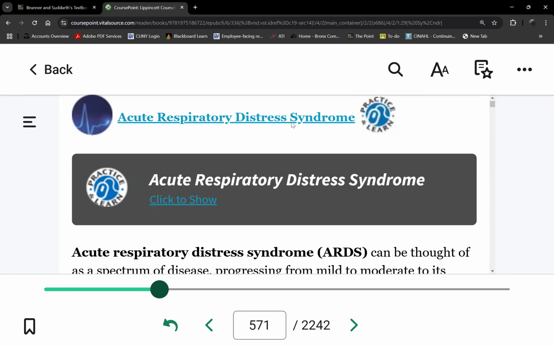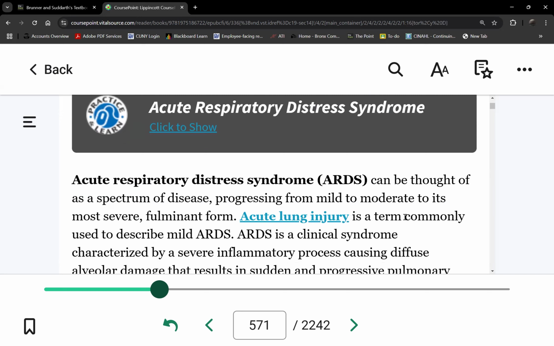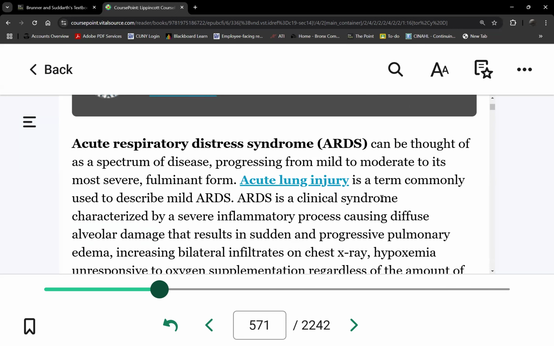This is a progressive form of respiratory failure. It's still respiratory failure, so since it's respiratory failure, what does the ABG look like? PaO2 less than 60, PaCO2 greater than 50, pH less than 7.35, oxygen saturation low. This is a progressive form of respiratory failure. The main cause is acute lung injury.